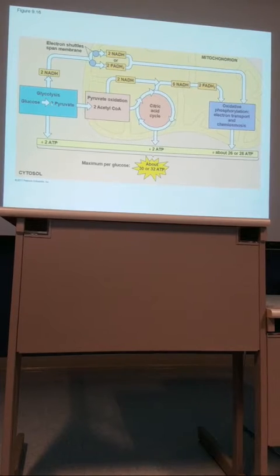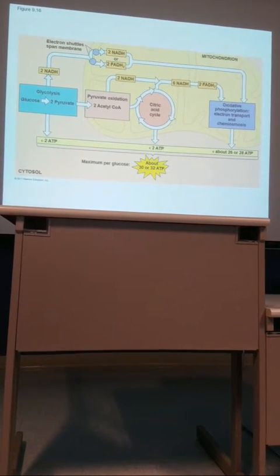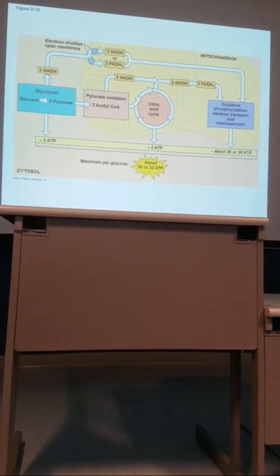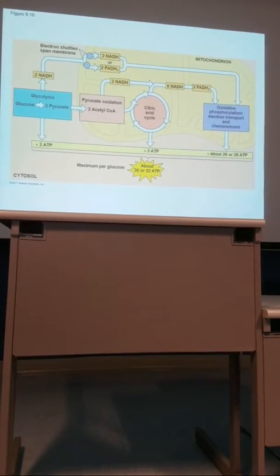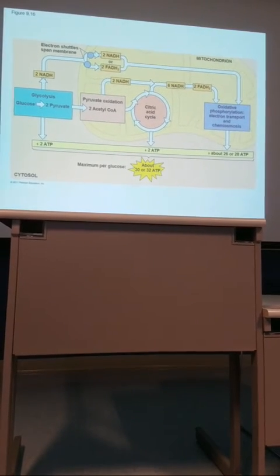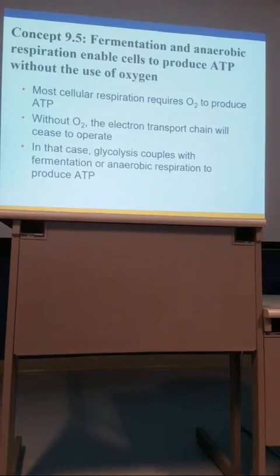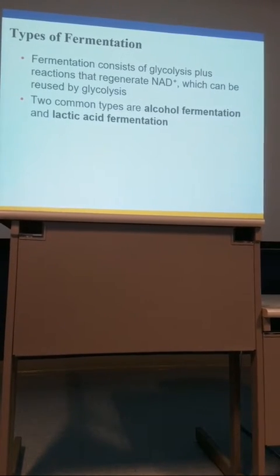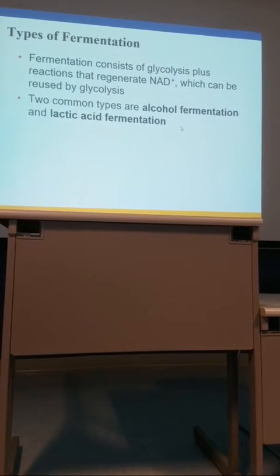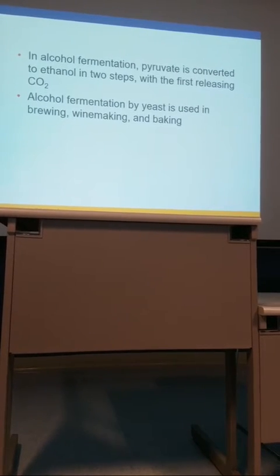You do need to know there's 2 that come out of glycolysis, 2 that come out of the citric acid cycle, and about 28, and whether it's 26 or 28 is referring to what kind of cell or organism it is. You need to know about fermentation, the 2 kinds, alcohol and lactic acid.